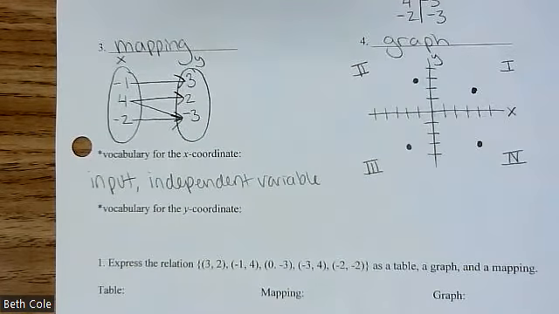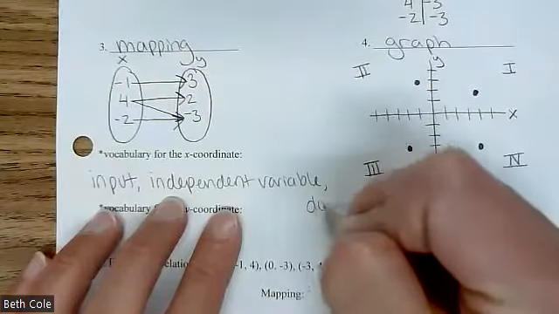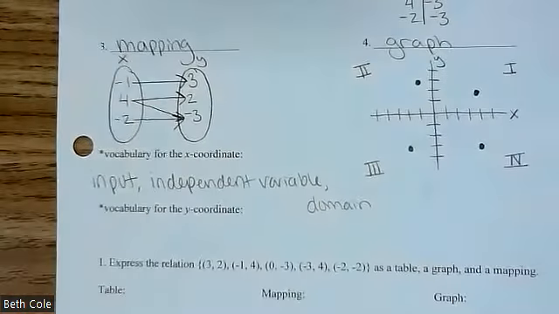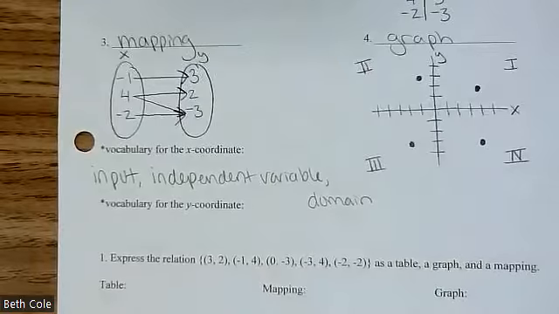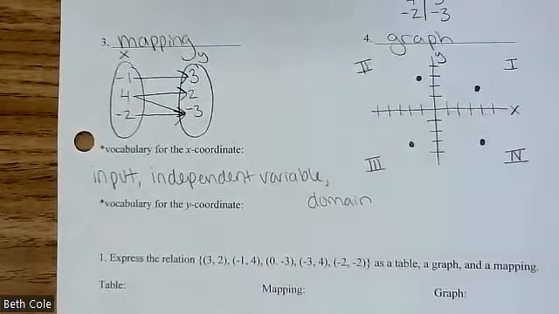So your input is your independent variable. And then the other word we associate with that is domain. Have you done domain? And do you remember what the word is for the y? Oh, good. Okay, so you have heard of that. Domain is just all the inputs. Range is just all the outputs.